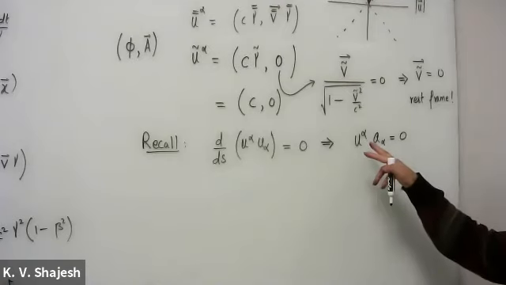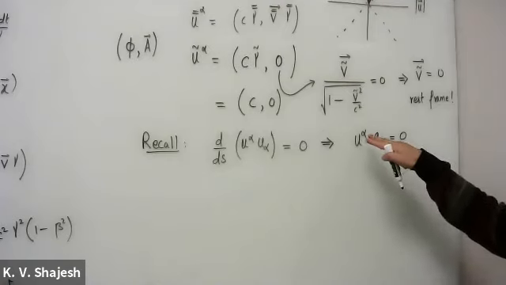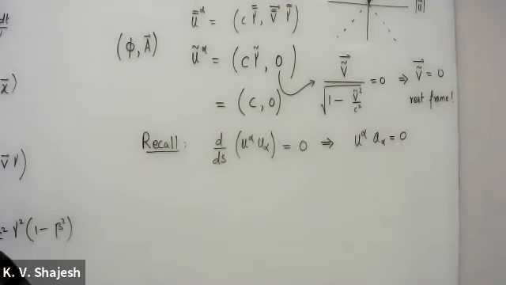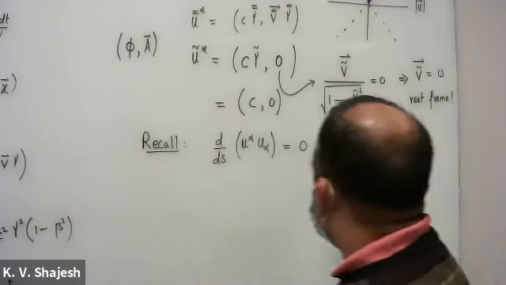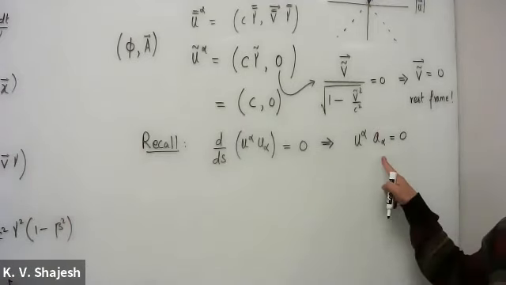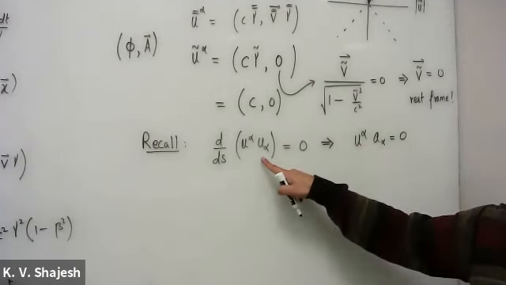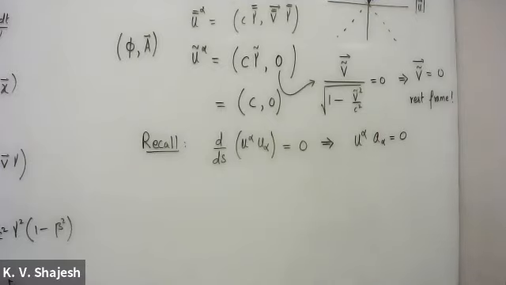If a 4 vector multiplied by a 4 vector is 0 in one frame, it has to be 0 in all frames, because this is a Lorentz invariant quantity. I can go to any frame I want.